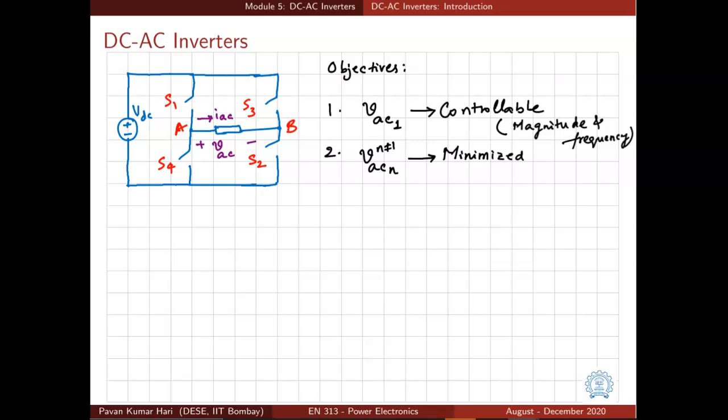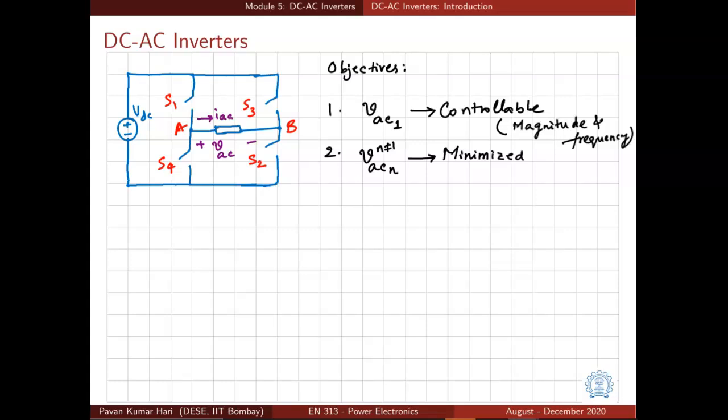So by turning the switches on and off appropriately, we should be able to control the fundamental component of this AC voltage VAC1. And when we say we want to control, what do we mean?